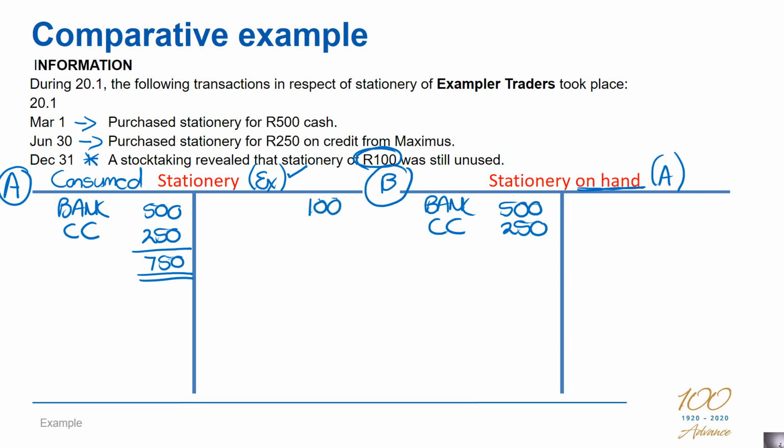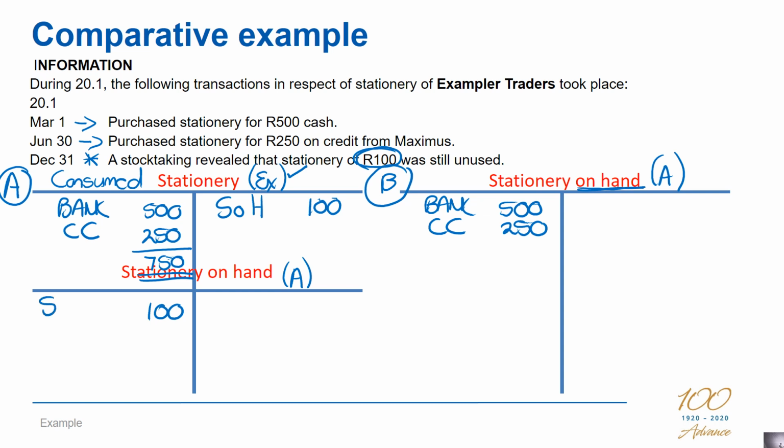So I'm going to have to credit the stationery account with 100 Rand, and for every credit we need a debit, and that debit would go to the stationery on-hand account on the debit side. So this is now the asset. So I'm transferring from the expense to the asset the amount that is still on hand.